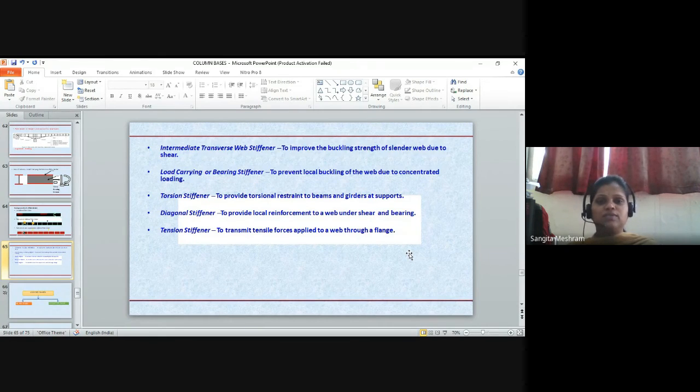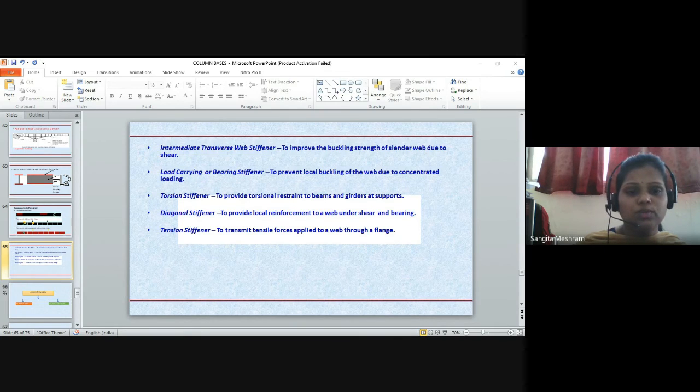The intermediate transverse web stiffener improves the buckling strength of slender web due to shear. And the load carrying or bearing stiffener is there to prevent local buckling of the web due to concentrated load. According to the conditions, we can use this stiffener.